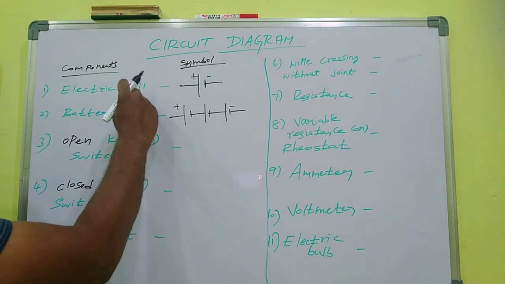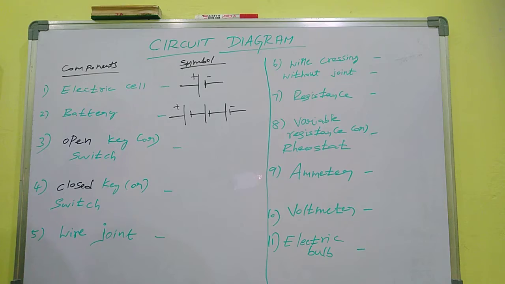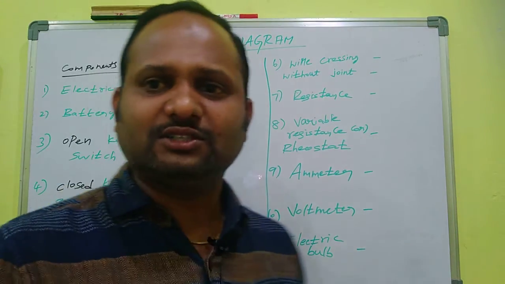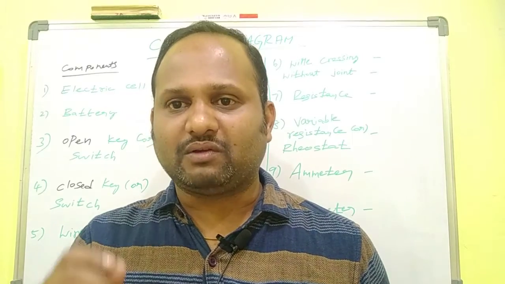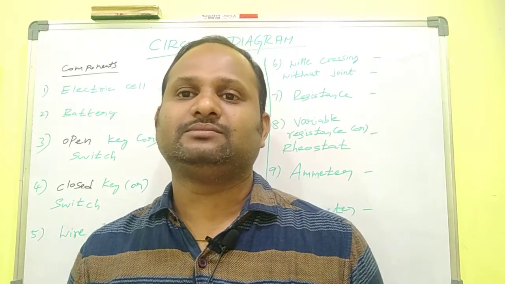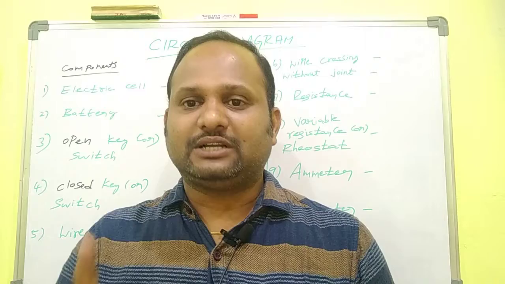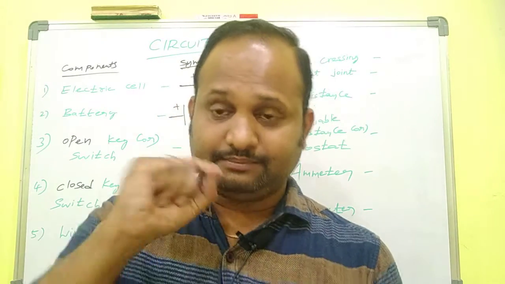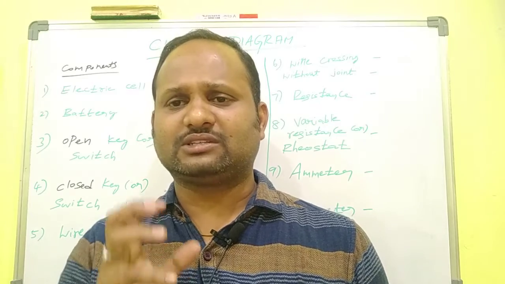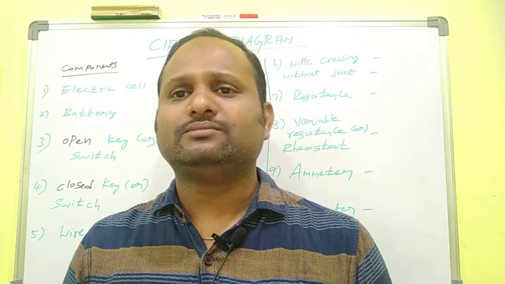What is the use of an electric cell or battery? Both are doing the same thing. An electric cell or battery provides potential difference. If the potential difference is applied between the two ends of the wire, then only the current will start to flow.